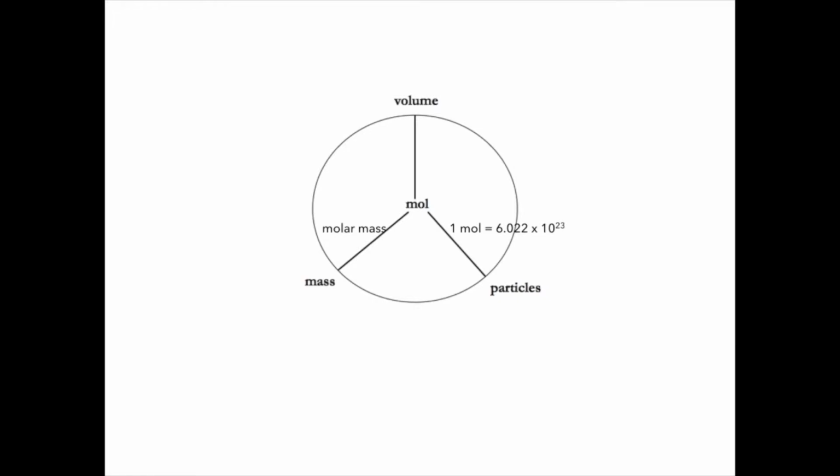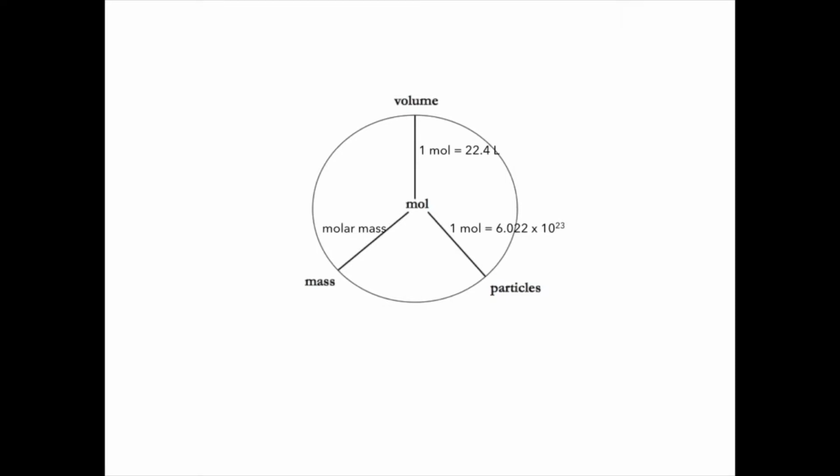If you have a gas at standard temperature and pressure, we call that STP. That's a very specific temperature and a very specific pressure. Then the volume of 1 mole of any gas is going to be the same. It's going to be 22.4 liters, no matter what the identity of the gas is.